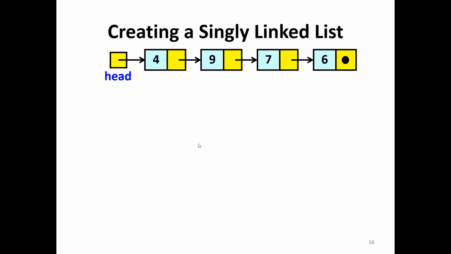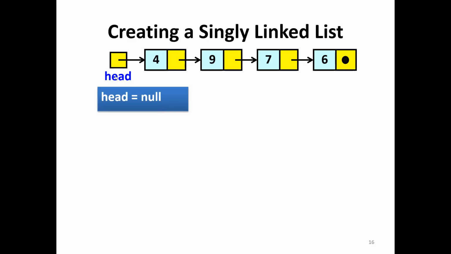Now let's look at how we can create a singly linked list. So remember, the first element here is the head, and after that we begin to have other elements. Now, if you want to start creating this, you can assign null to the head.